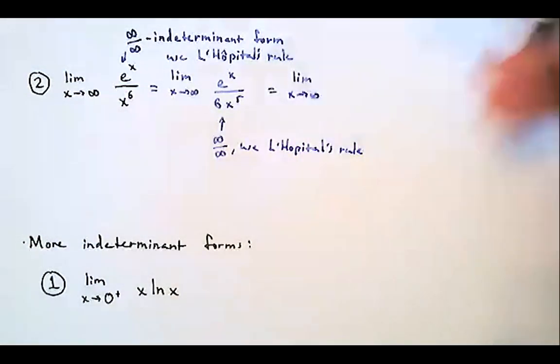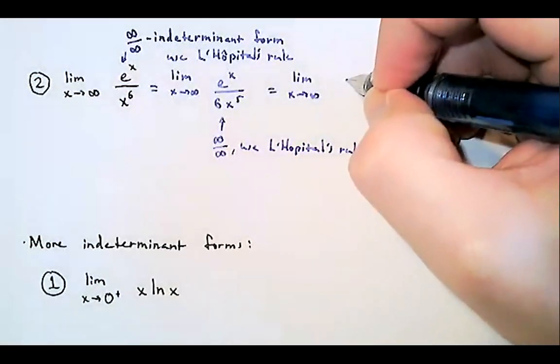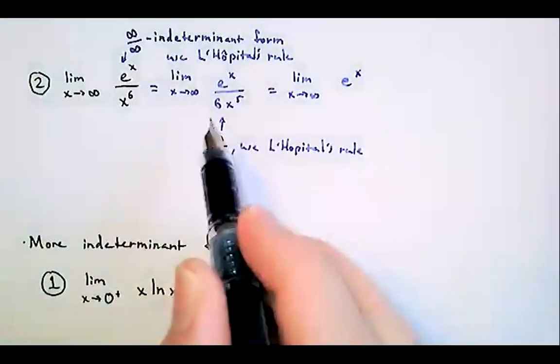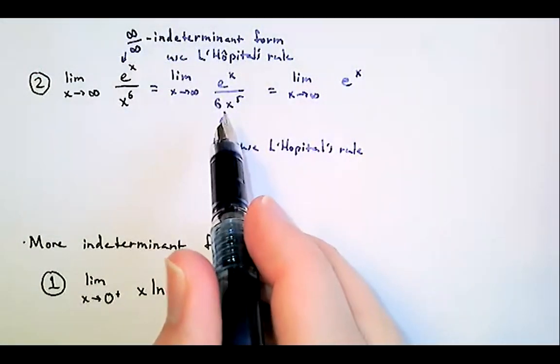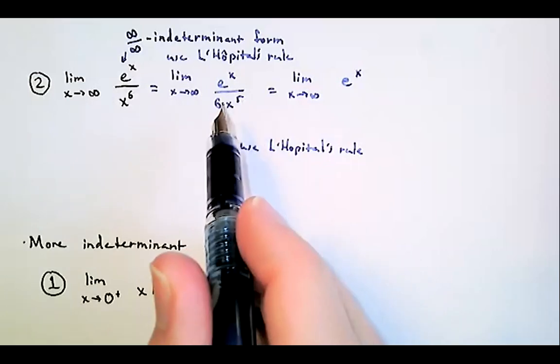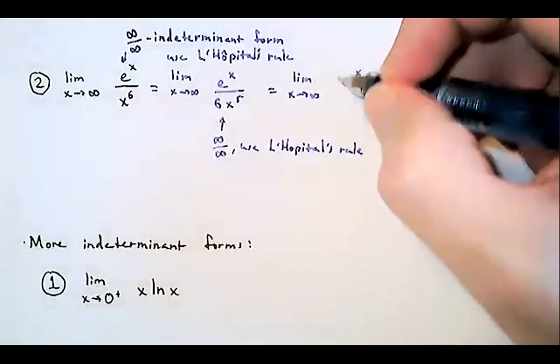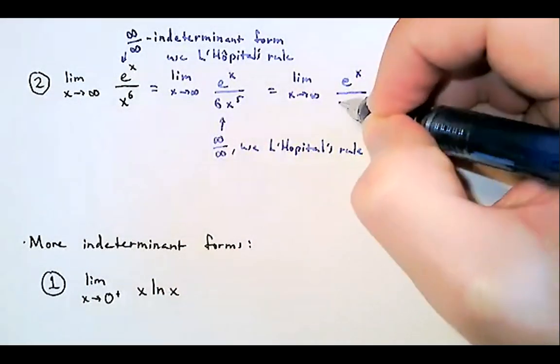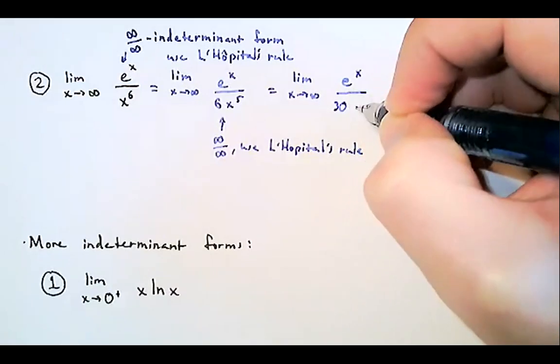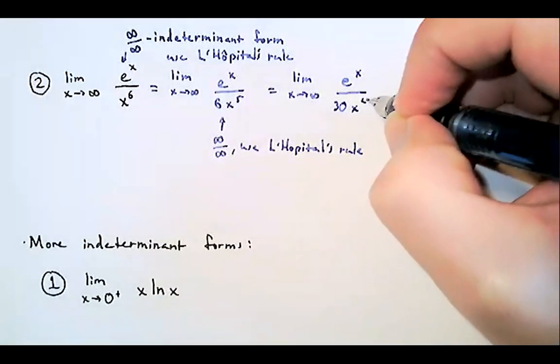So we take the derivative of the top, we get e to the x, of course, and the derivative of the bottom, use the power rule again. 6 times 5 is 30. And then we get an x to the fourth power.